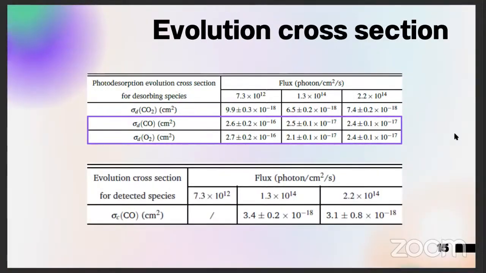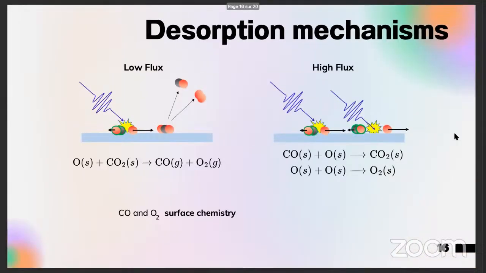If you look back at the evolution cross-sections for CO and O2, you see that they are higher. This means that the process occurring in the desorption needs fewer photons to occur. The process is faster, in other words. So that refers to a process which occurs at the surface of the ice, a surface chemistry process.